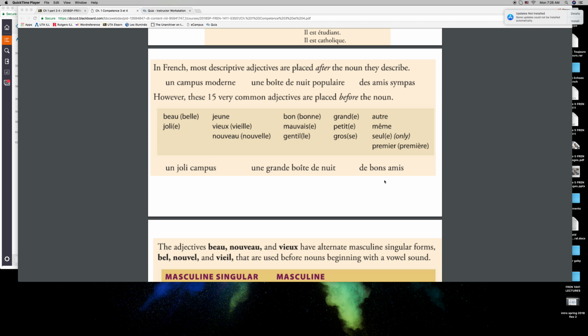So for adjectives, most adjectives are placed after the noun, with the exception of these 15. These 15 go before the noun.